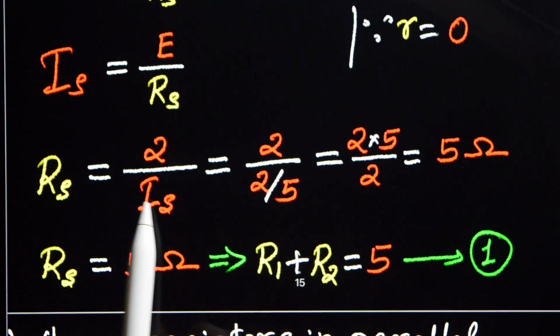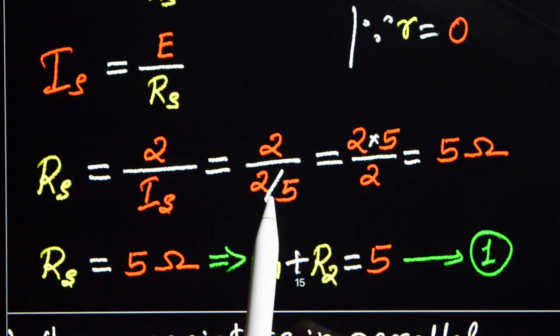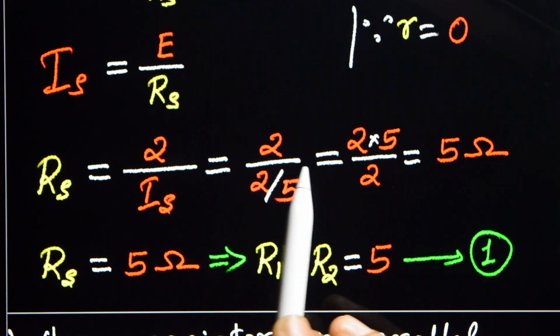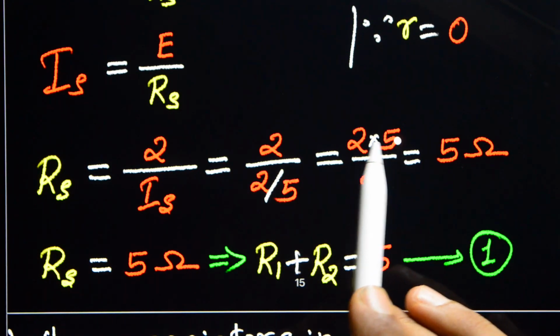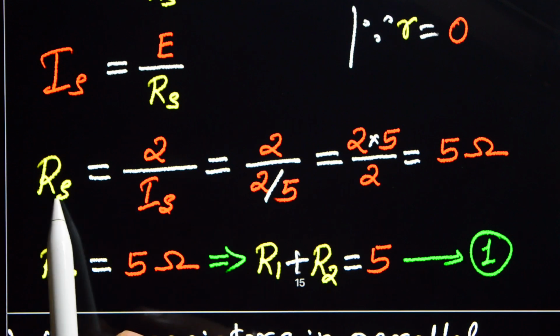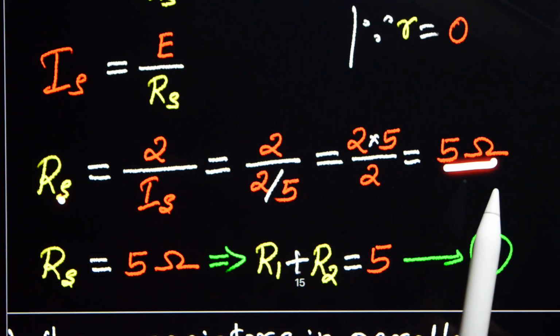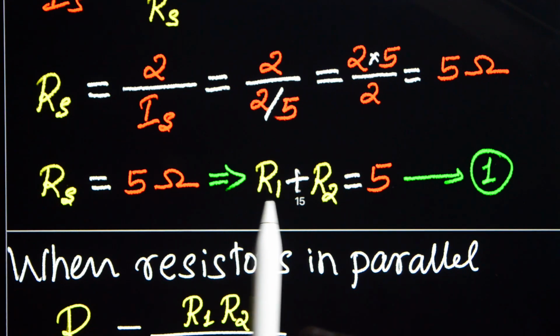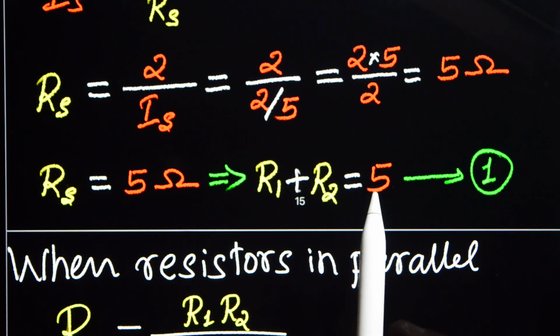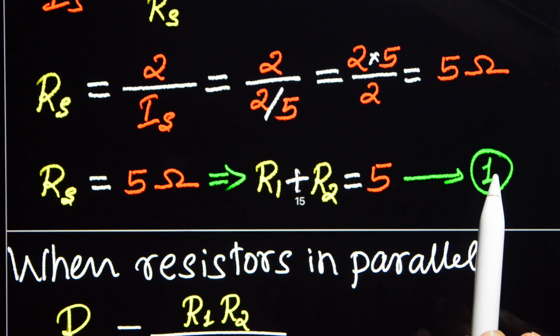Therefore Rs is equal to 2 divided by 2 by 5. The 5 in the denominator goes to the numerator, and the 2s cancel, so Rs is equal to 5 ohm. Now Rs is equal to 5 ohm, which implies R1 plus R2 is equal to 5 ohm. That's our first equation.